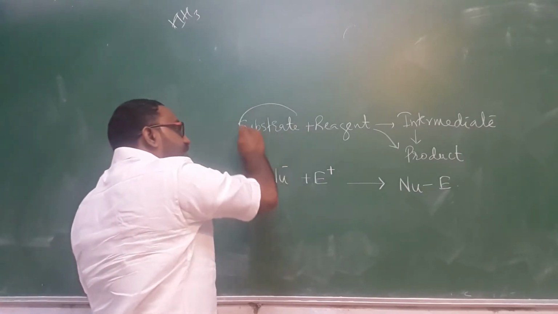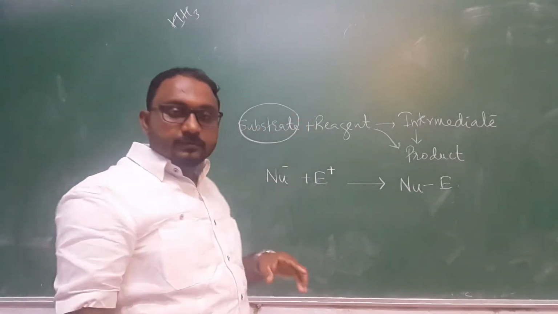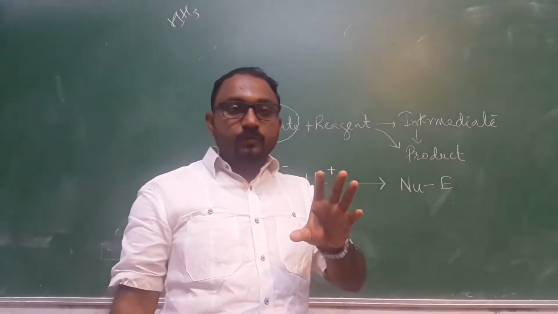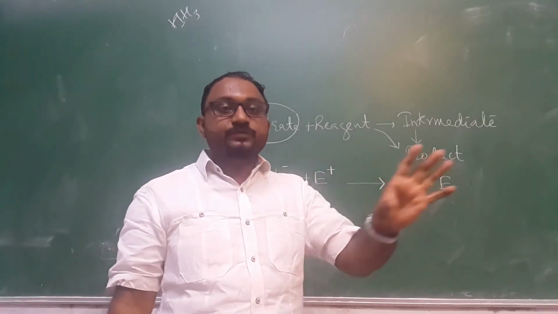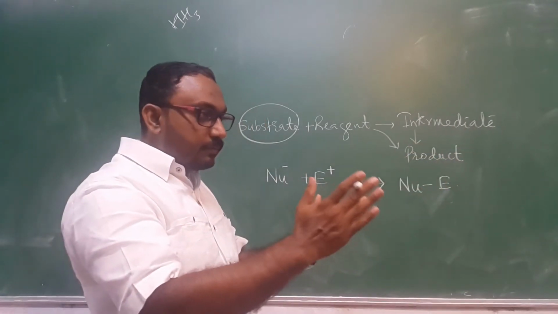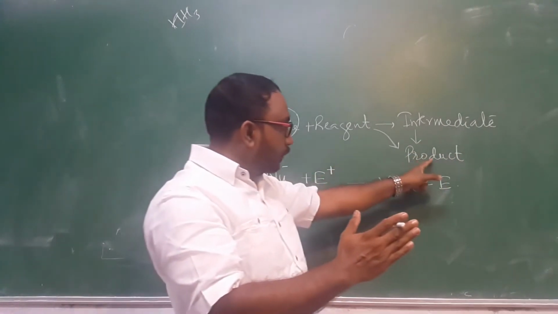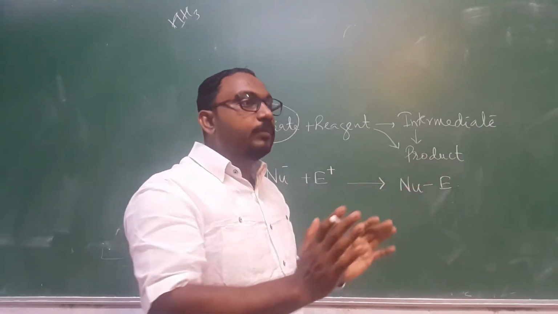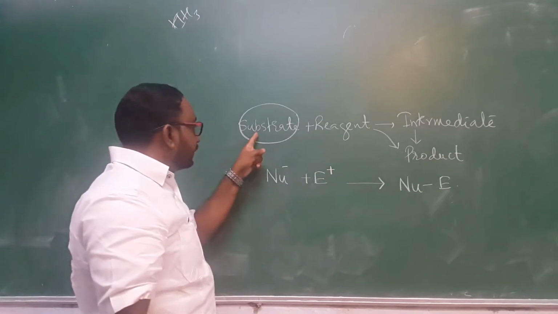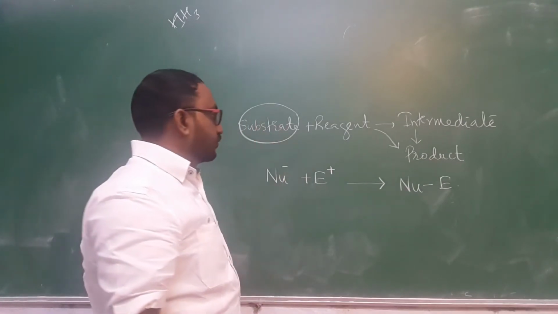What is a substrate? The substrate is the part of the organic compound which contributes most of the carbon atoms. It is the part of the product being formed where more carbon atoms are provided, but that also will have a charge.